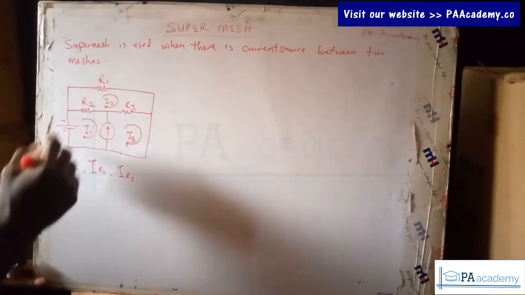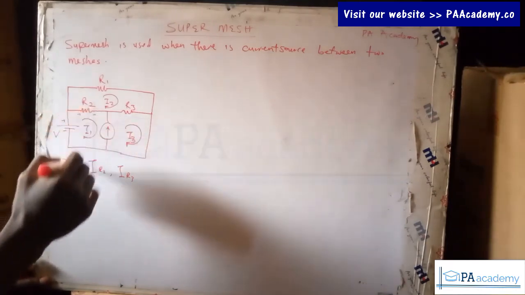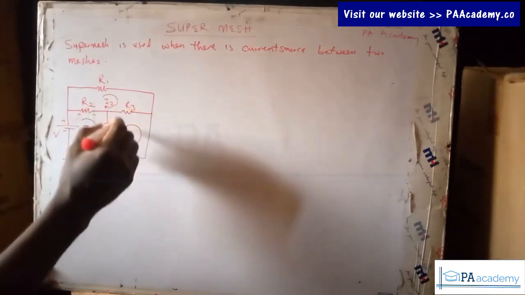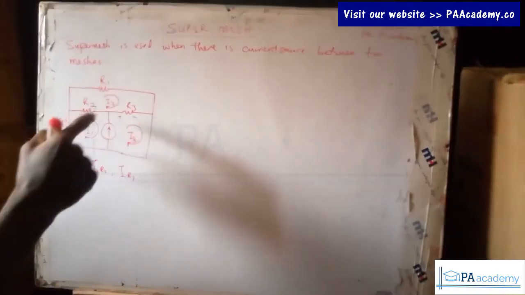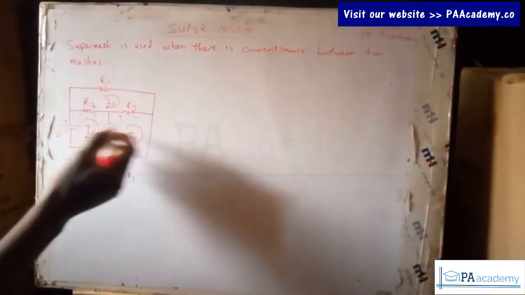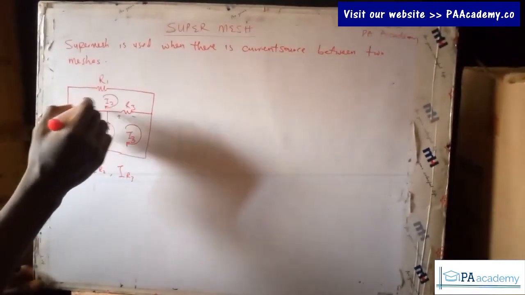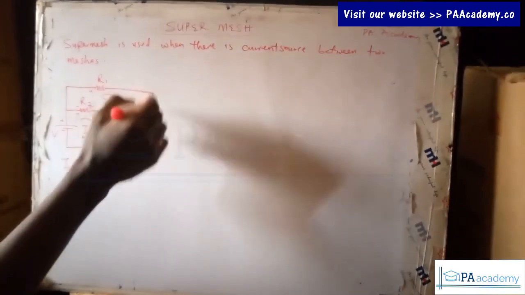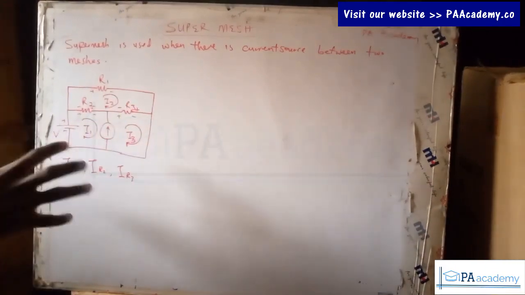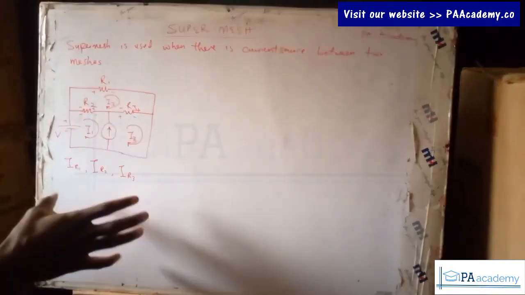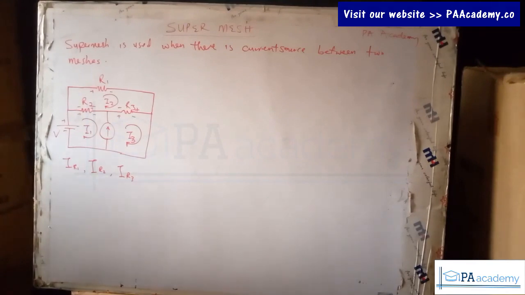So for this I1, this is going to be plus, minus. For this I3, this will be plus and this will be minus. And for this particular mesh where we have I2, in this direction this is going to be plus, minus. I want to believe by now you are familiar with what I've just done here. If you are not, probably you missed the video on mesh analysis and I want you to watch that.